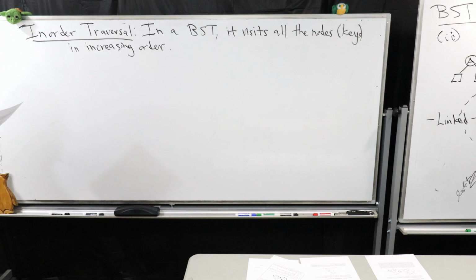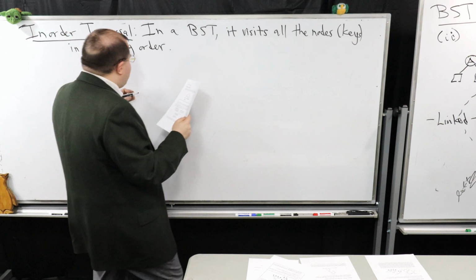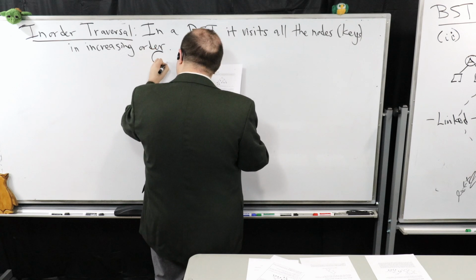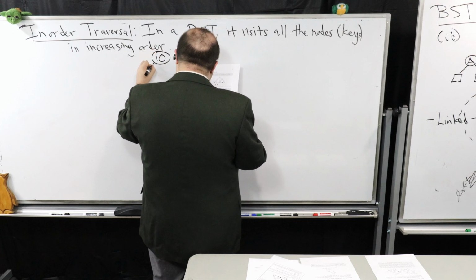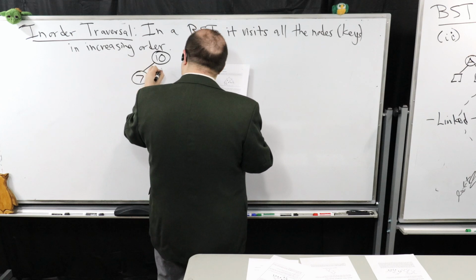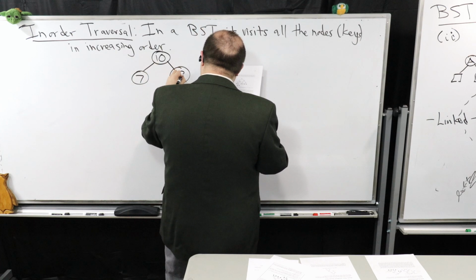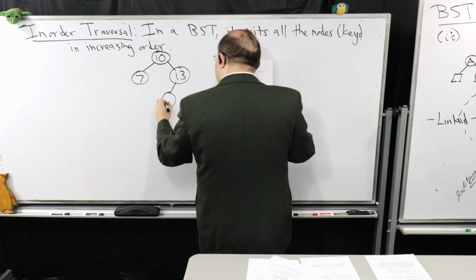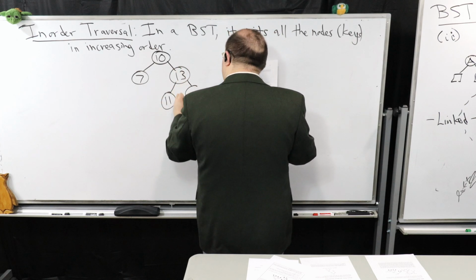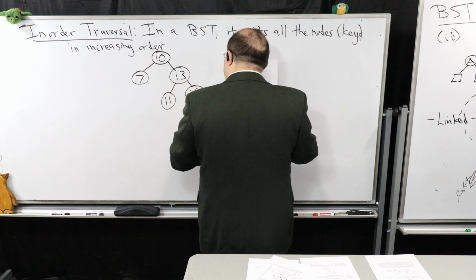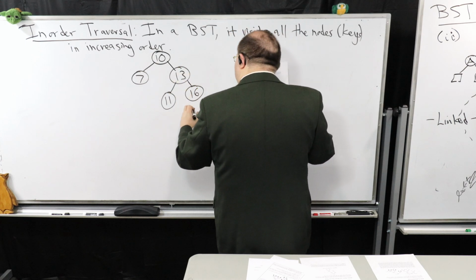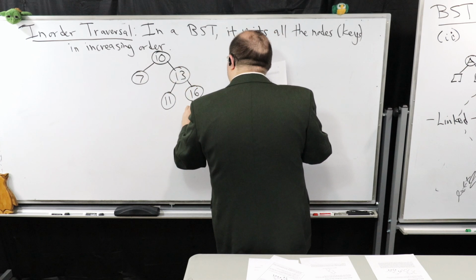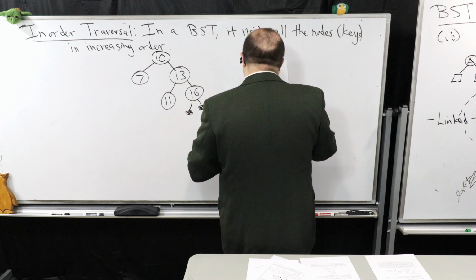So I'm going to draw a binary search tree for us. I'm going to have 10, with 7 on the left and 13 on the right. For the right child, 13, I'm going to have its left child be 16. These are what their keys are going to be. I'm not going to worry about the other part of the pair for the records.